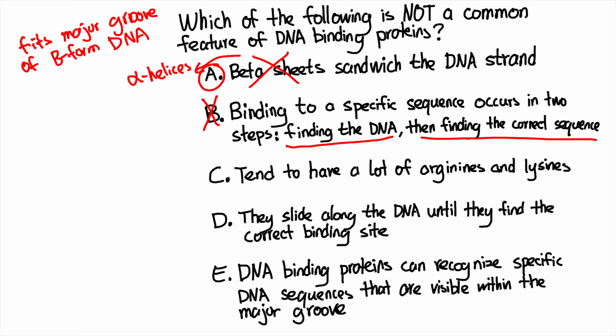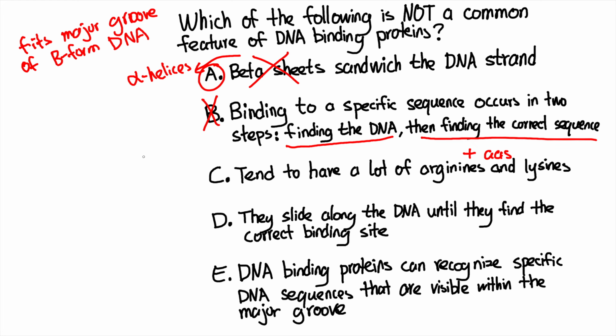Option number C, tend to have a lot of arginines and lysines. Well, arginines and lysines are positively charged, so positive amino acids. And we know that the sugar phosphate backbone is heavily negatively charged because of the negatively charged phosphate.